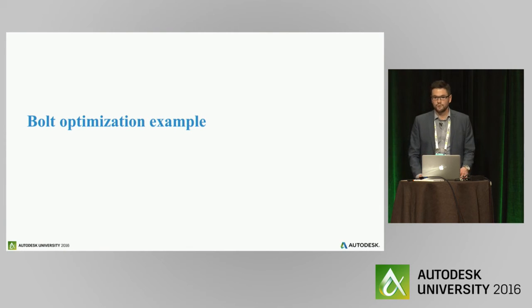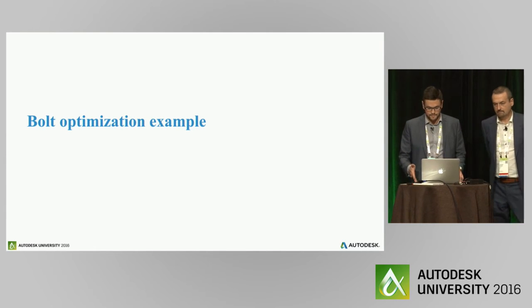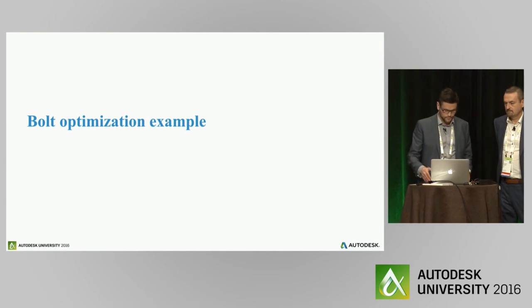We also give the option to not just be on the safe side and save time of the engineer, it's also about material optimization. We've prepared one example of how we can study the forces in bolts and come up with a better design. Luboš?